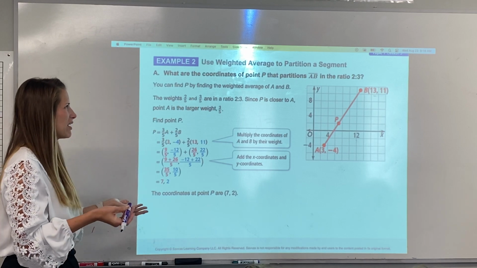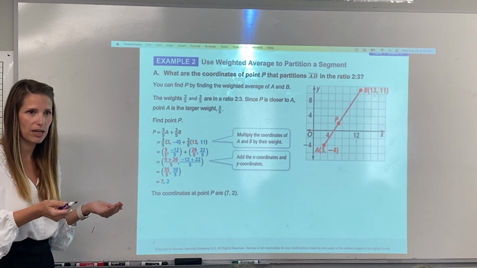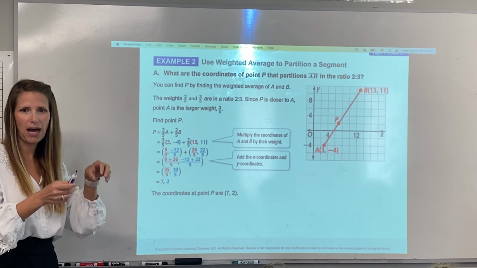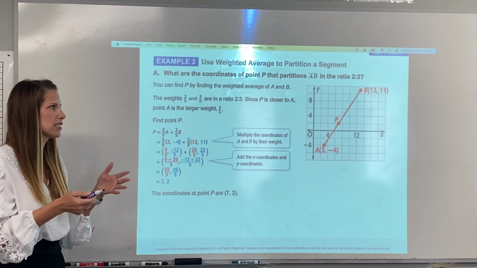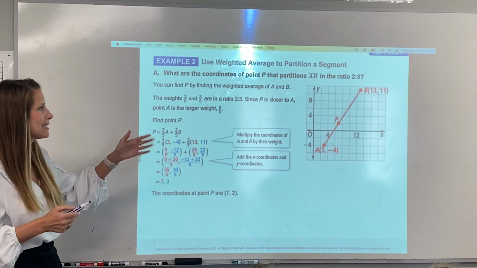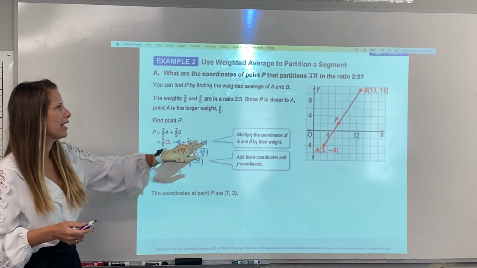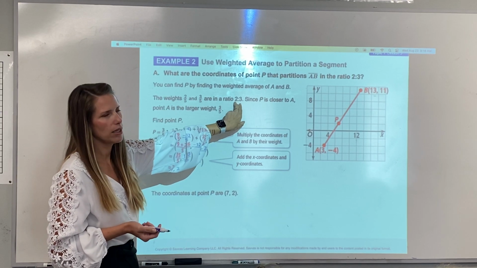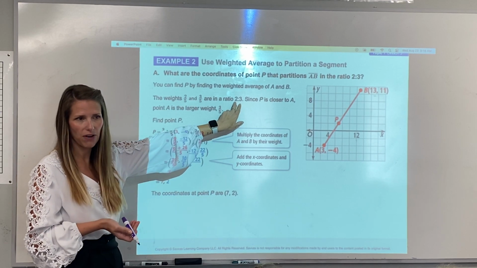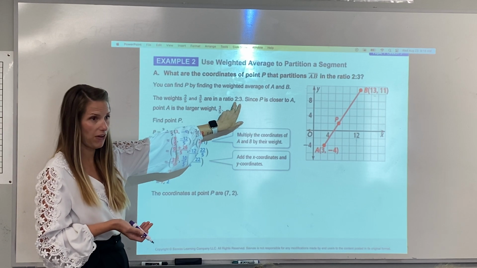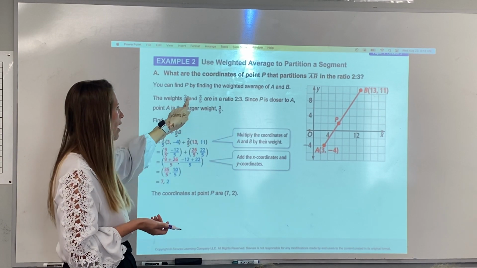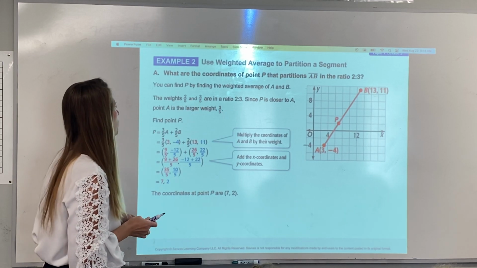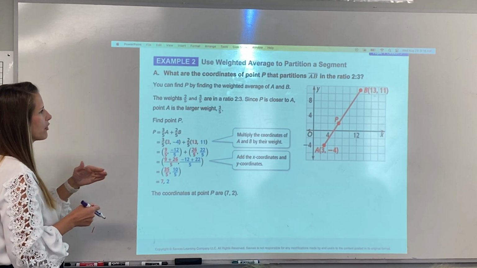And that is how we can very easily get the weights. Remember yesterday where we had to figure out the weights first, and then we multiply. It's pretty much giving you the weights in a ratio form. All you have to do is go, 2 plus 3 is 5, so it's a total of 5. So 2 out of 5 would be one weight, and 3 out of 5 would be the other weight.